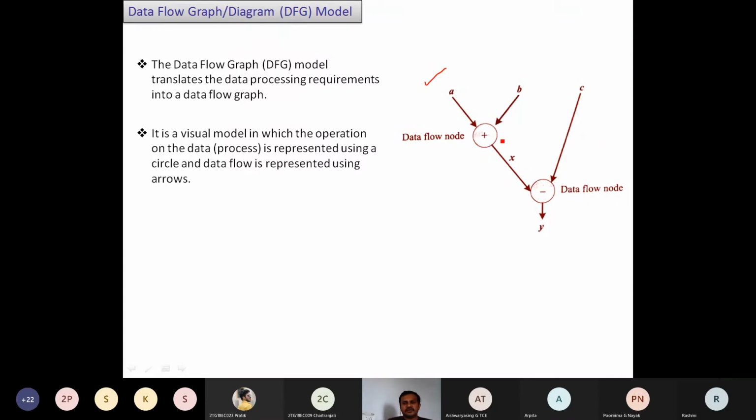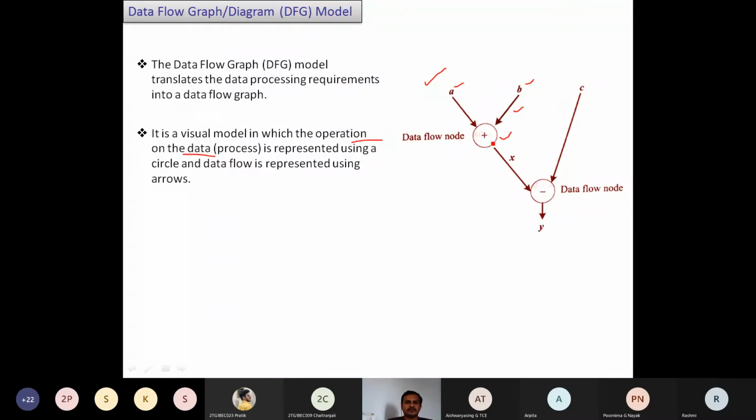Like you can observe here, there is a circle, it is nothing but a process, that is, an operation on the data. So what data are we observing? This circle is operating on two data which are coming as input. The data are flowing, and that flow is represented using an arrow mark, which we can observe in the diagram.